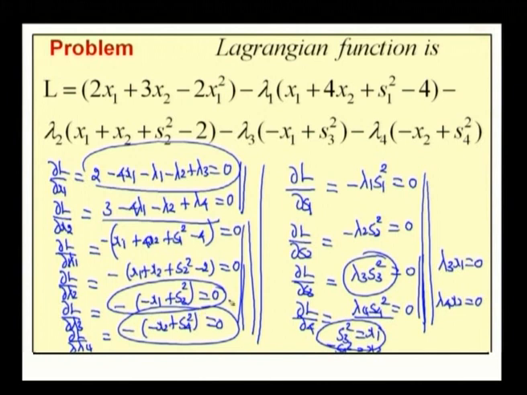So, by making use of s3 squared equal to x1 and s4 squared equal to x2, these two equations can be written as lambda 3 x1 equal to 0 and lambda 4 x2 equal to 0.